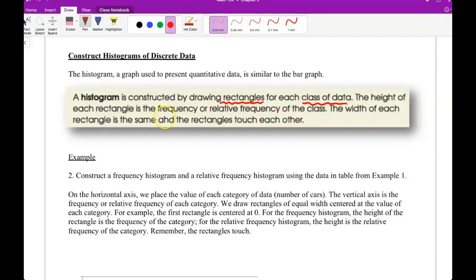If it's asking us to construct a frequency histogram, the height is based on the frequency. If it's asking for relative frequency, our height is based on the relative frequency numbers. Then the width of each rectangle is the same, and the rectangles touch each other.